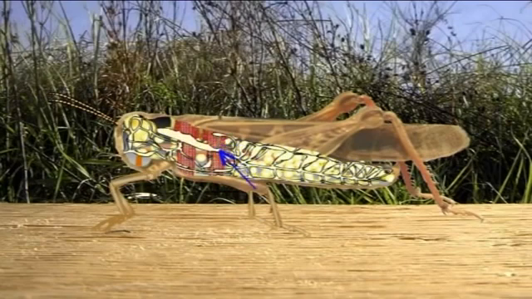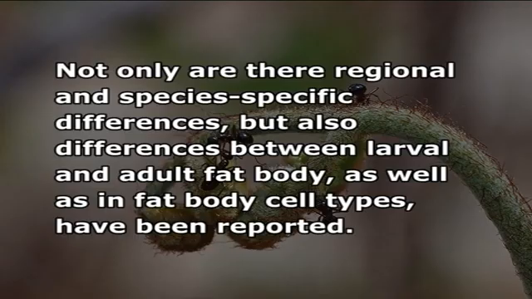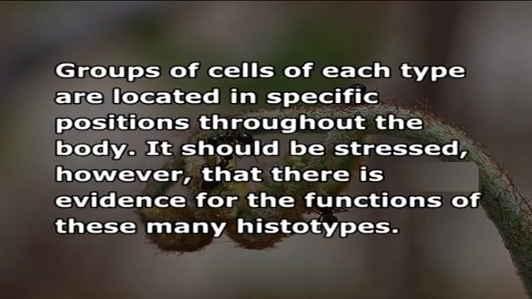Contrary to what was thought originally, the fat body is not a single uniform tissue. Not only are there regional and species-specific differences, but also differences between larval and adult fat body, and a number of fat body cell types have been reported. Groups of cells of each type are located in specific positions throughout the body.